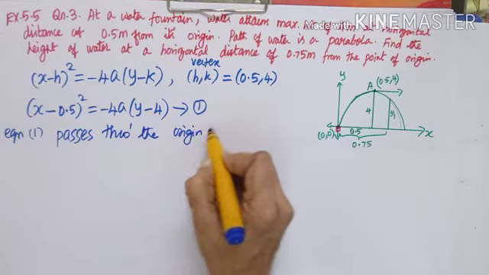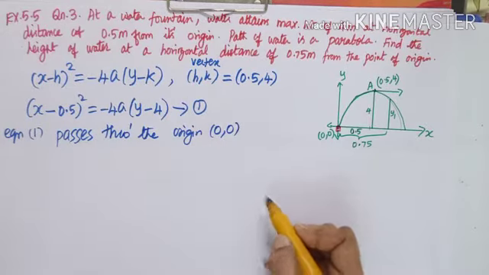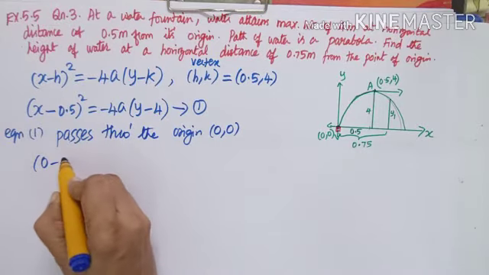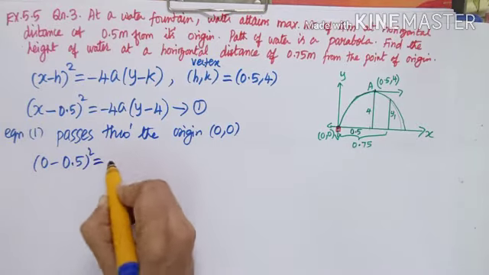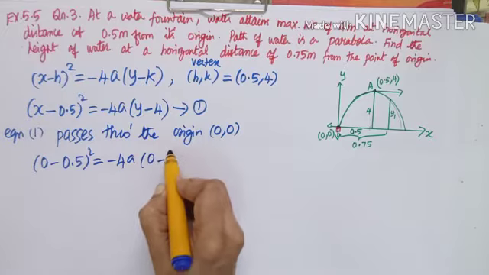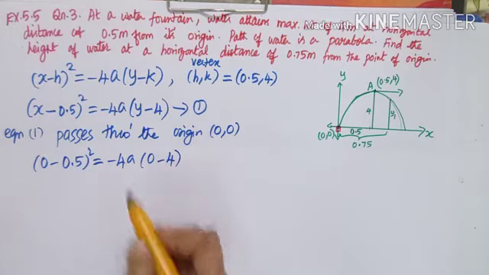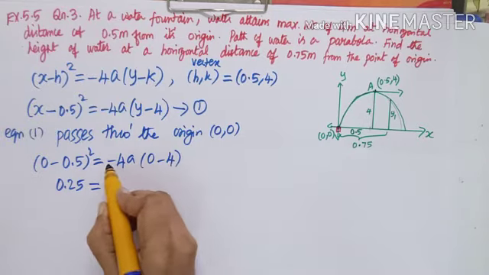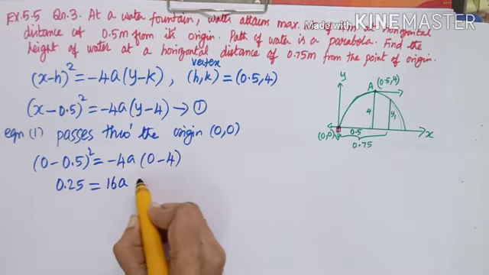So wherever x and y are coming, put 0, 0. So I get (0 minus 0.5) square equals minus 4a into (0 minus 4). Redefining, it is 0.25 equals 4 into 4, 16a.